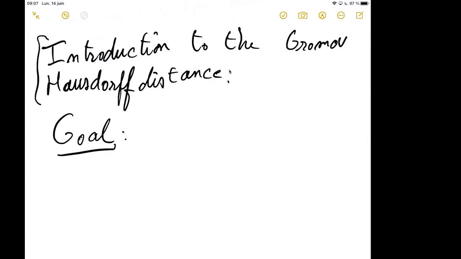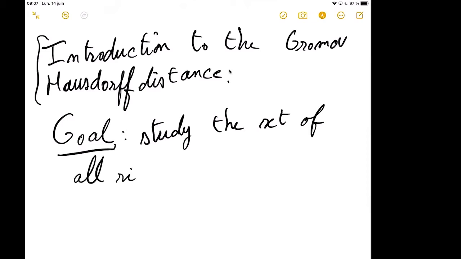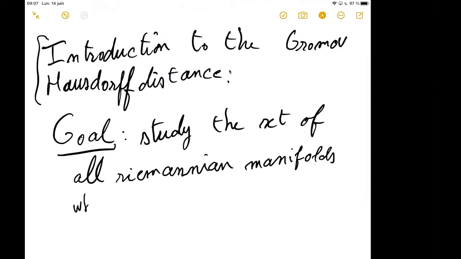It has been a trend of Riemannian geometry, let's say starting in the second half of the 20th century, to consider not only theorems which apply to one specific Riemannian manifold with a Riemannian metric, but to consider the set of all Riemannian metrics or Riemannian manifolds with some geometric condition.